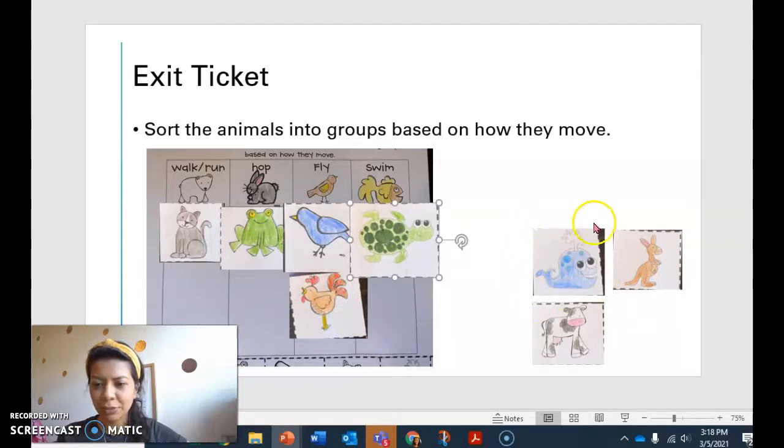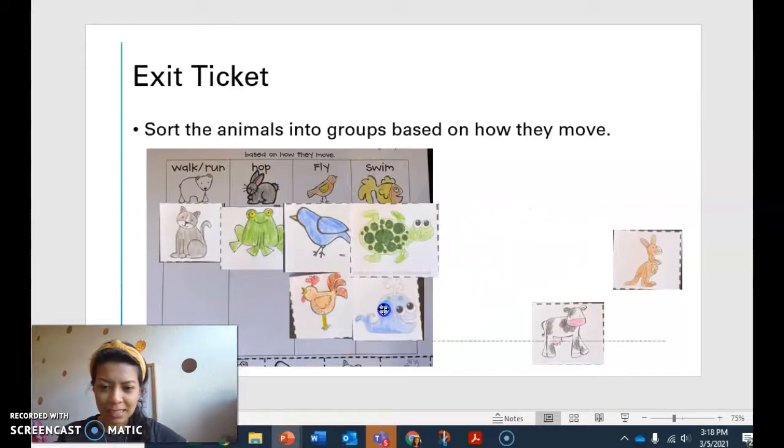Our next picture, we have a whale. Do whales walk? Do they hop, fly, or swim? If you said swim, you're correct. Yes, whales swim in the ocean just like sea turtles do.